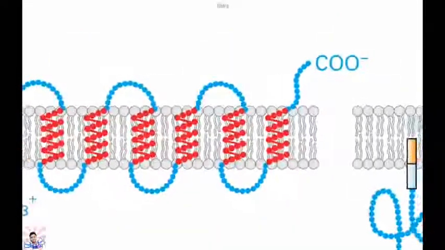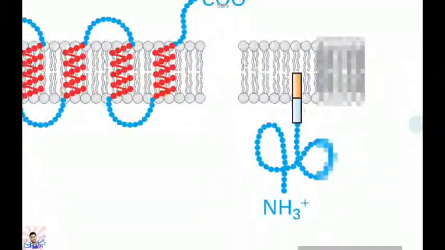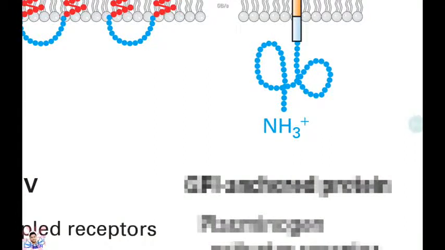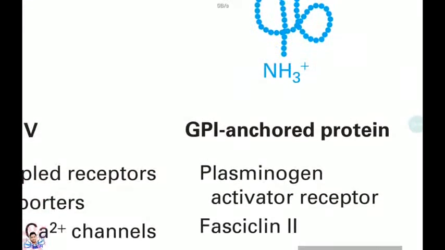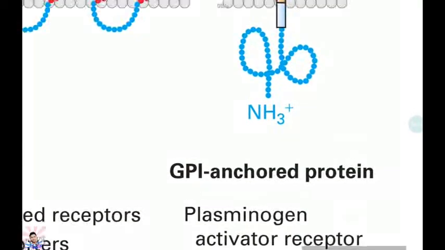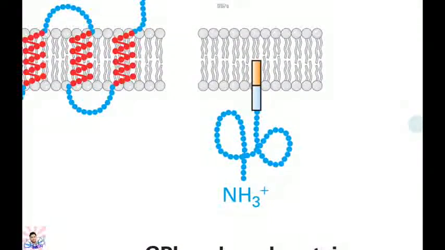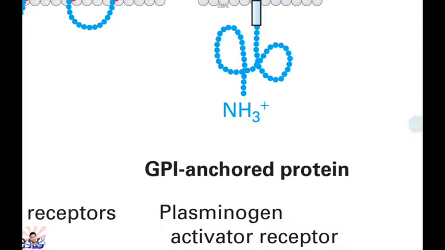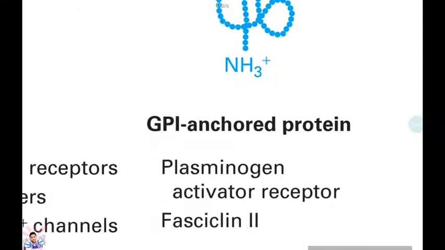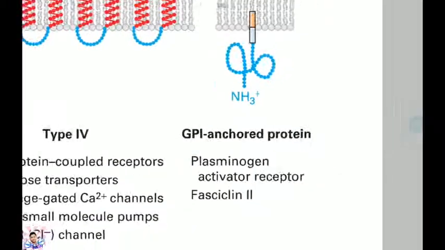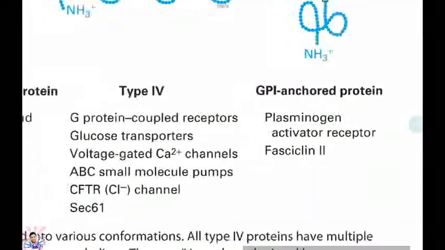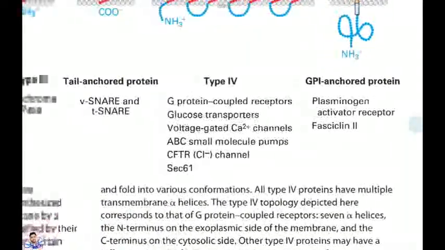And this is the GPI anchor protein, with the N-terminal towards the endoplasmic reticulum lumen, and the protein is attached to a GPI, that means glycosylphosphatidylinositol, found in proteins such as the plasminogen activator receptors.